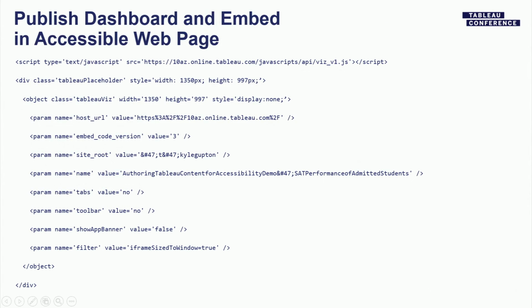Okay, so you've now designed your dashboard to use only accessible objects on it. You then need to publish it to one of our web-based platforms and then embed it inside of an accessible web page.